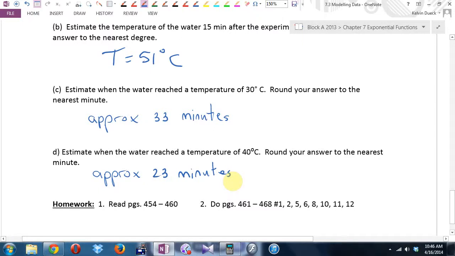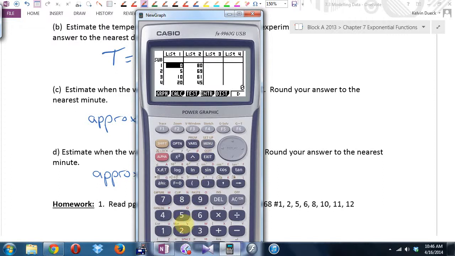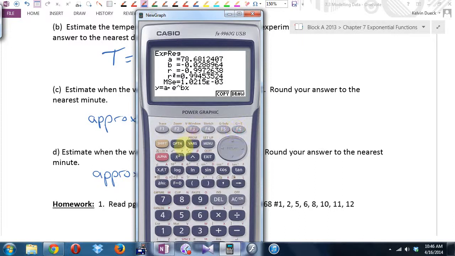Oh, one more thing. Can you all go back to your stat menu? Again, go graph, graph 1, calc. Bring up the equation again, the exponential equation. Okay? What's your R value here? Is it close to 1?